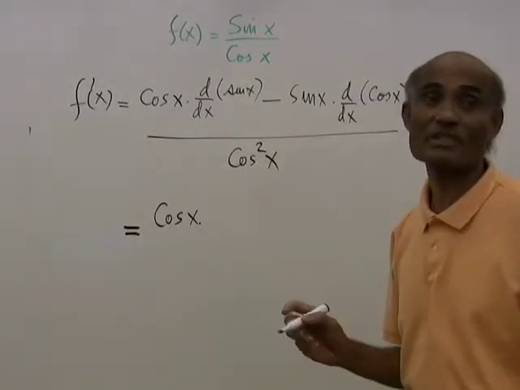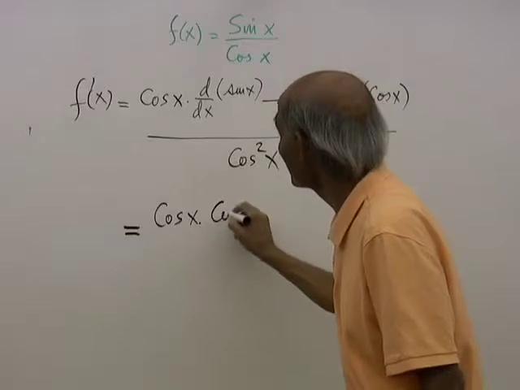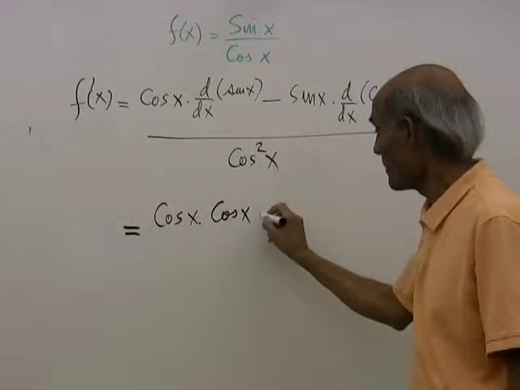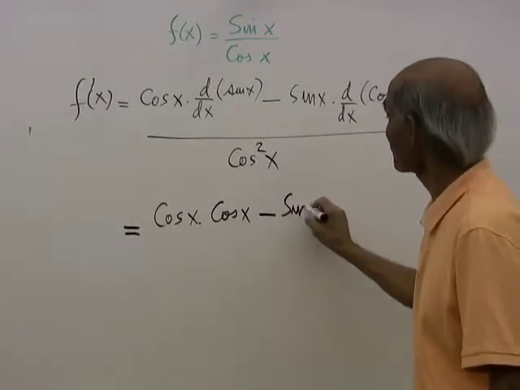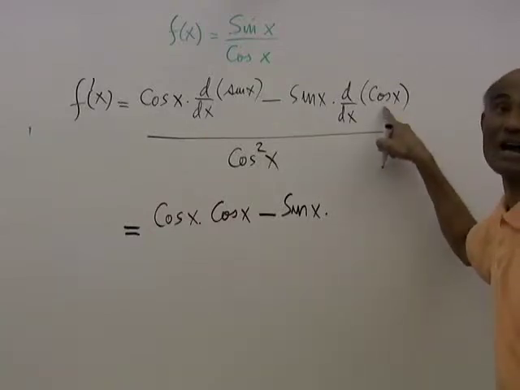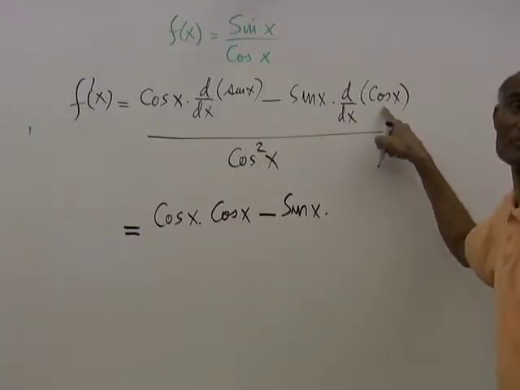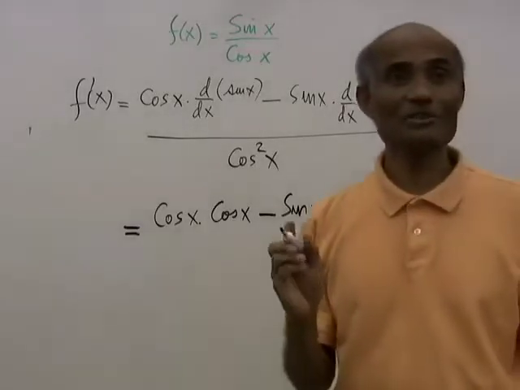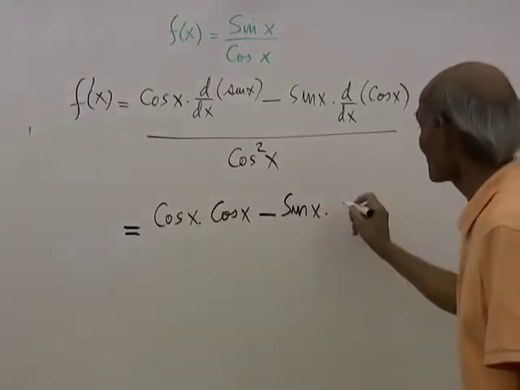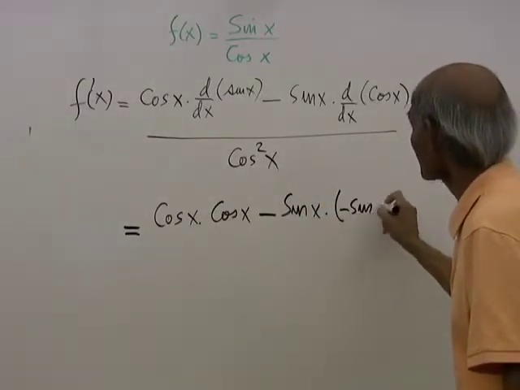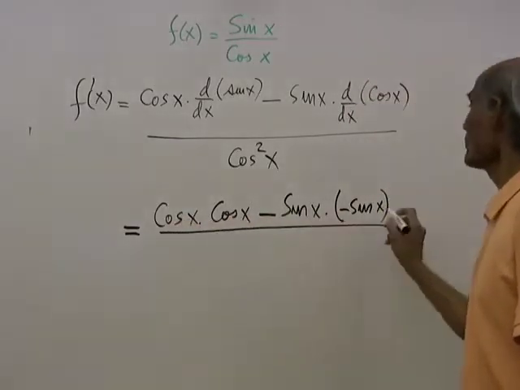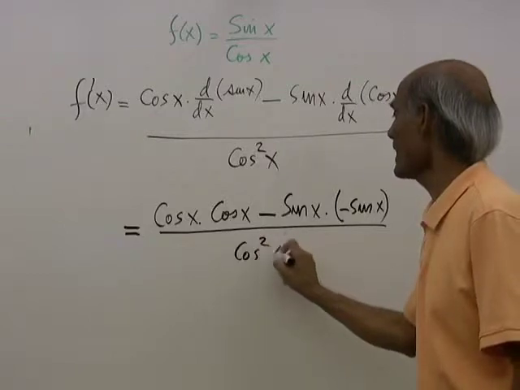The derivative of sine x with respect to x is cosine of x. So that will be cos x times cos x minus sine x multiplied by, what is the derivative of cosine of x with respect to x? Derivative of cosine of x with respect to x is negative sine x. So that will be times negative sine x all over cos squared x.